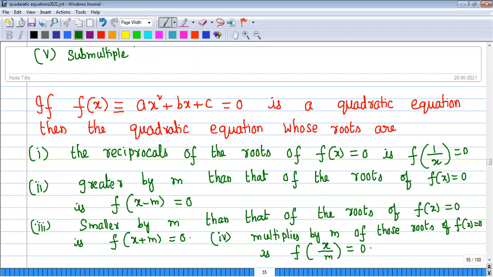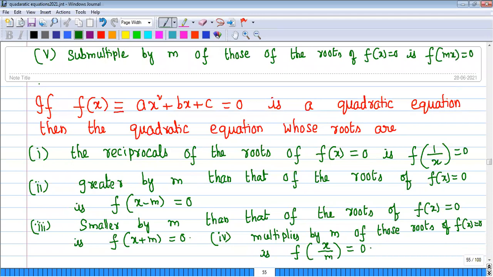Submultiple by m of the roots of f of x is equal to 0 is, that means the quadratic equation formed by alpha by m, beta by m roots, f of, in the place of x, substitute mx, equal to 0.